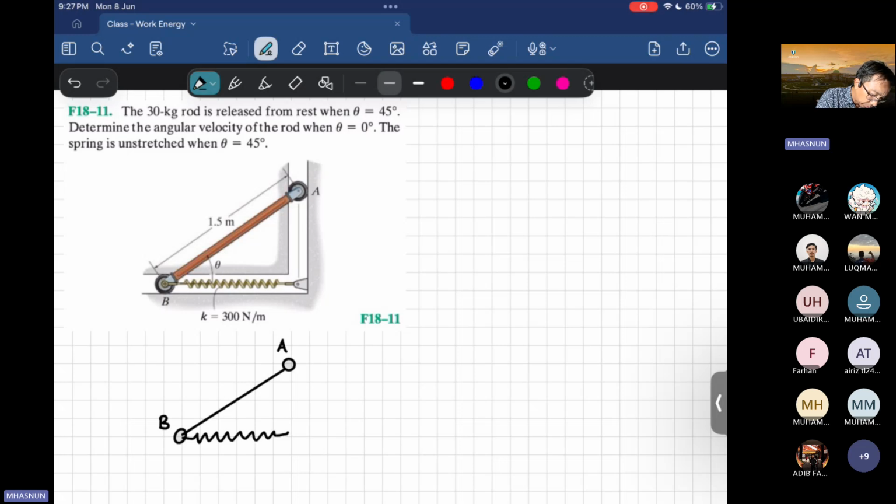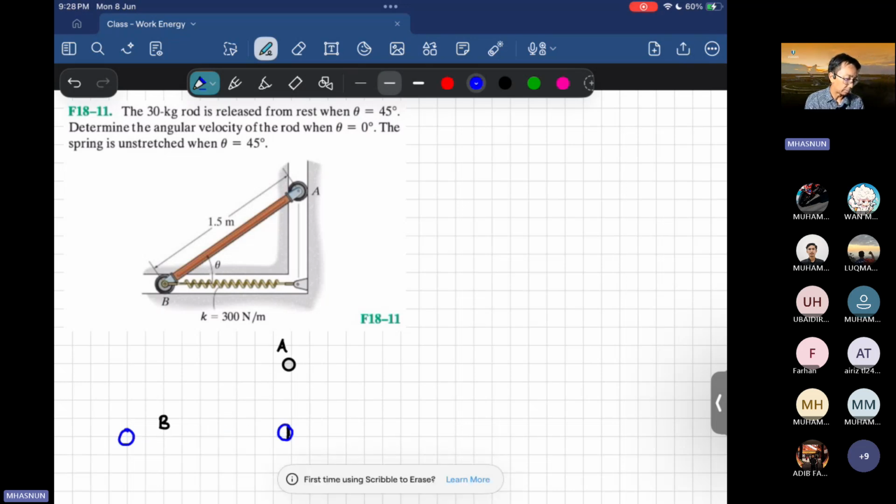So this is the original length of the spring. And then the second position, where is point A now? Point A has gone down here. Point B has moved somewhere over here, and this will be the rod like that. And what happened to the spring? The spring is now all over the rod like this.